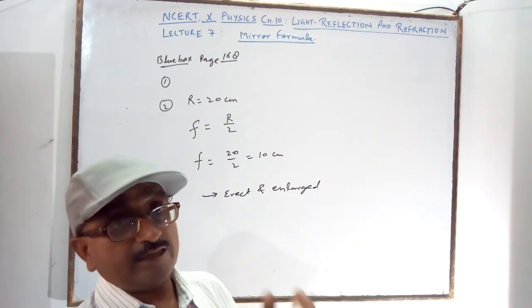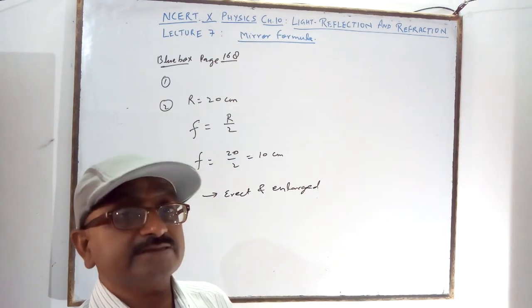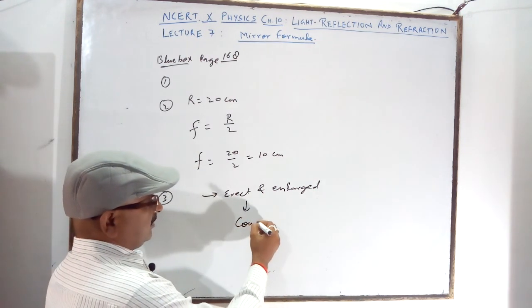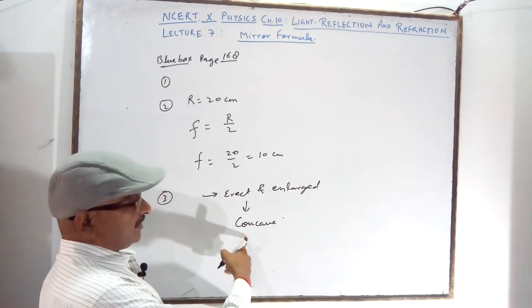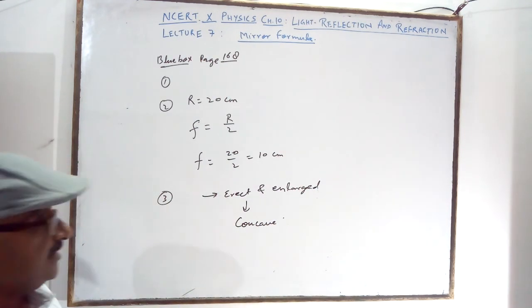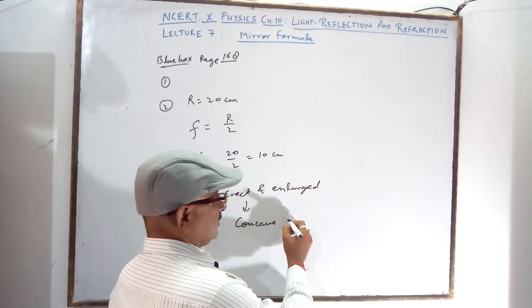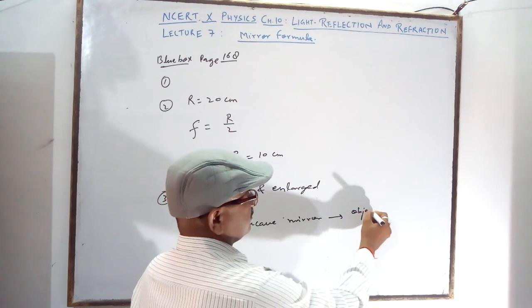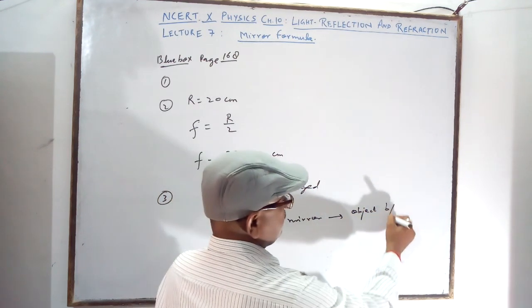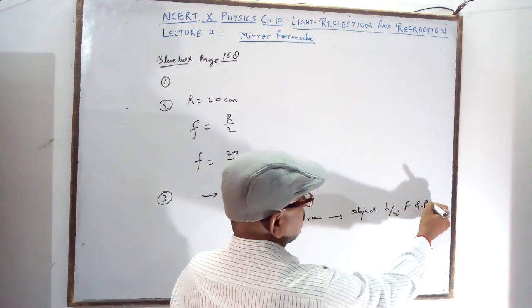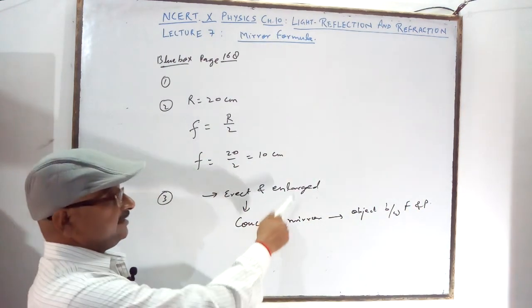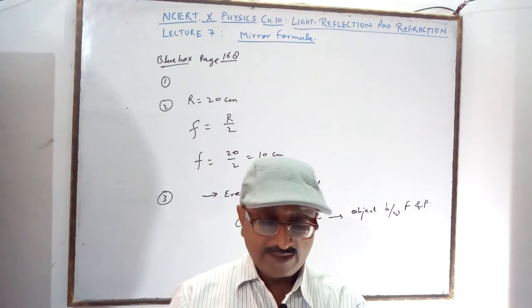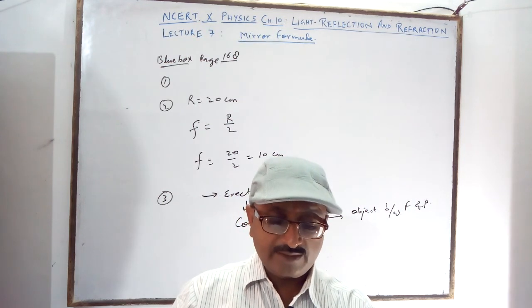Convex mirror, you have seen, always gives a highly diminished image. So, which mirror is it? Concave mirror. A concave mirror gives an erect and enlarged image behind the object when the object is between focus and pole. Only one condition.